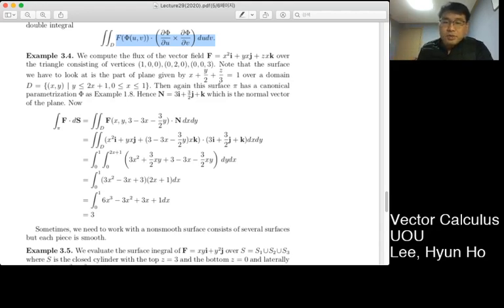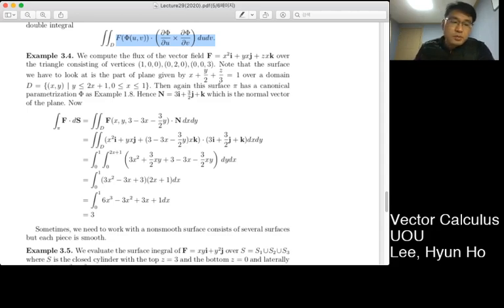The plane equation in this case is x plus y over 2 plus z over 3 equals 1, right? For the part of the plane, we still keep the plane equation, but we only restrict to the domain. We do not consider the whole xy plane, but only the triangle region.